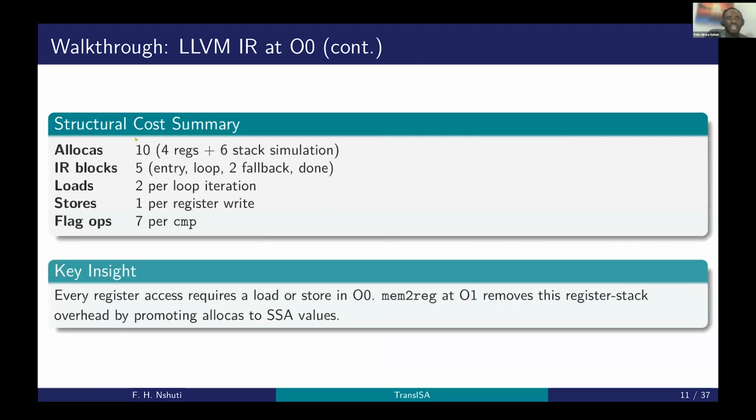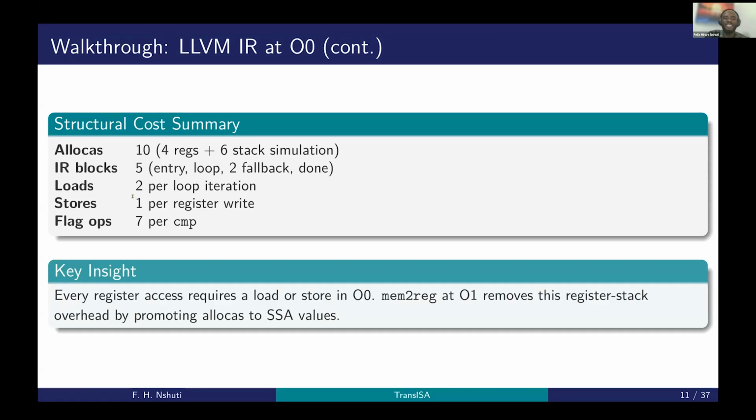And we can see that alloca is taking 10 instructions. We have 10 alloca instructions. Then each entry block has 5 instructions. Then we have 2 load instructions per loop iteration, and we have one store operation per every register write.